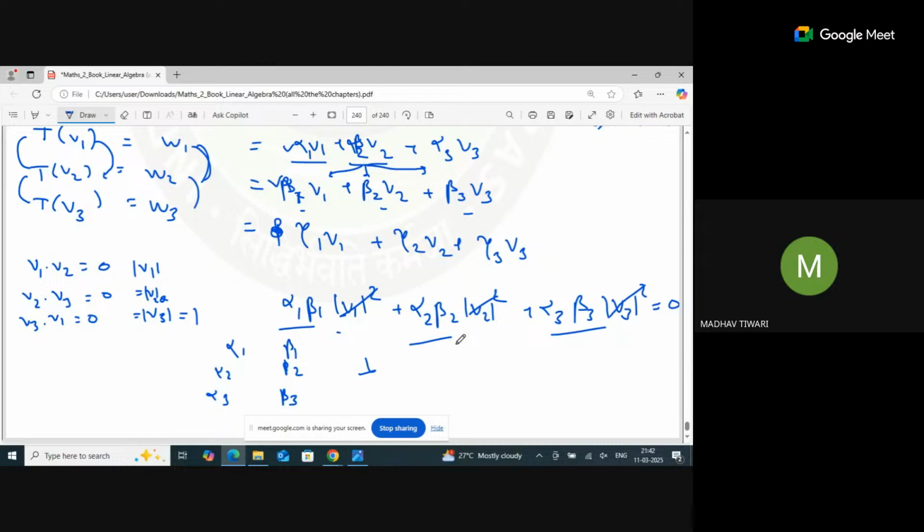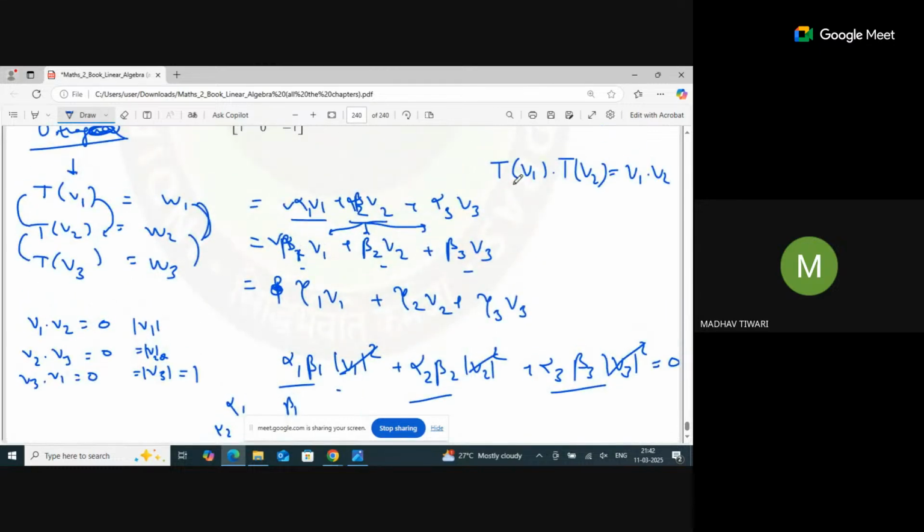Next, you can similarly check the transformation of V2 with the transformation of V3. It will be V2 dot V3, and you will get beta 1, gamma 1, plus beta 2, gamma 2, plus beta 3, gamma 3 equals 0. And if you do the transformation of V3 with the transformation of V1, you will get V1 dot V3, which will also be 0.